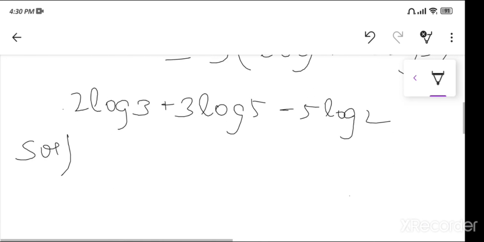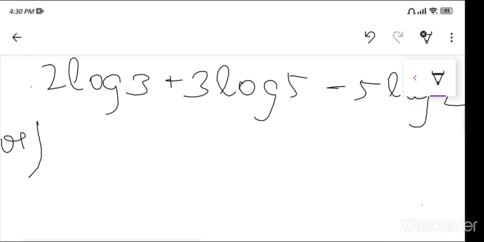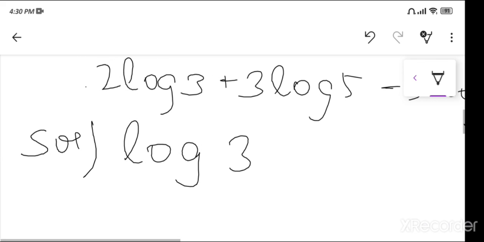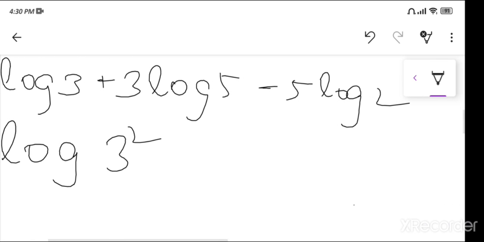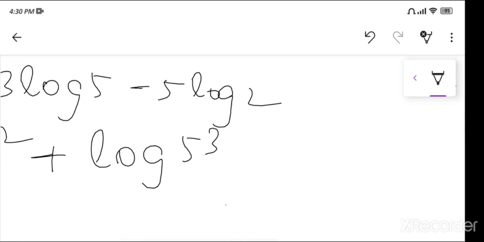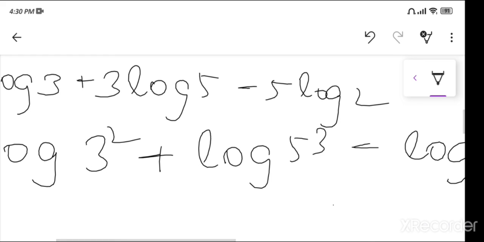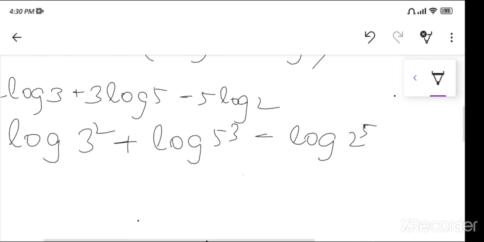So I'll show you how. 2 log 3 you can write as log 3 square, plus log 5 cube, minus log 2 power 5.